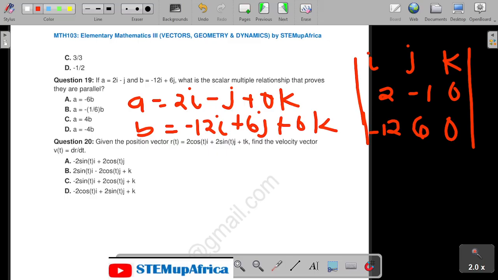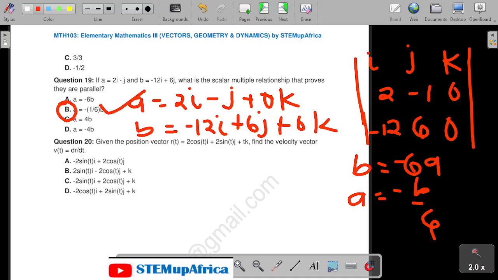If you do that, we're going to have B to be 6A, and B to be minus 1 over B, also 6A. So what is our A? Sorry, minus A. Our A will be minus B over 6. So we're having option B.